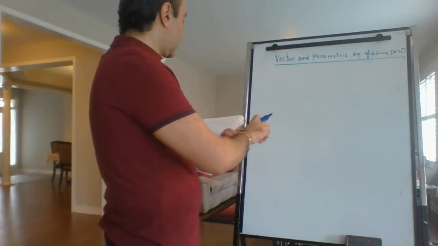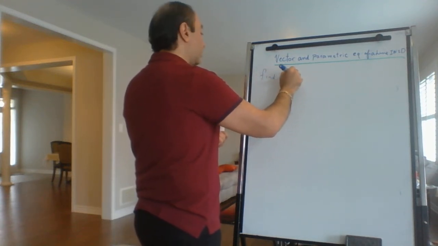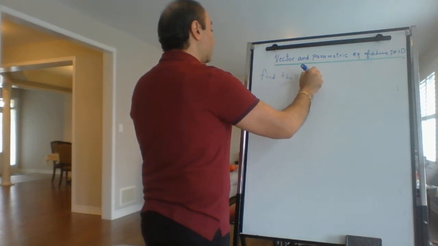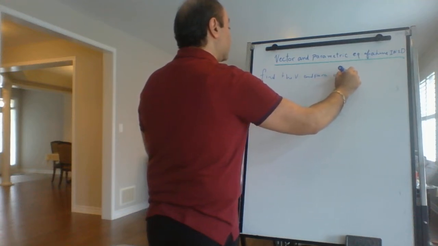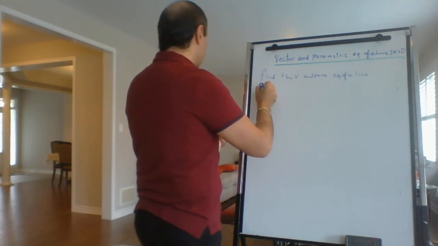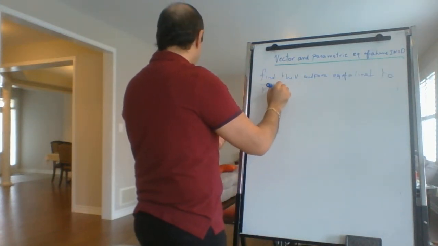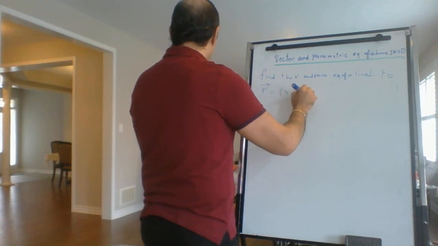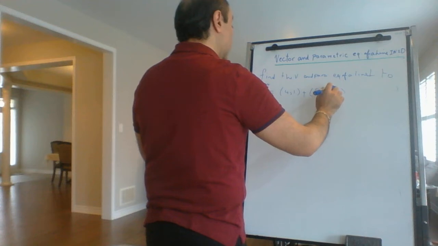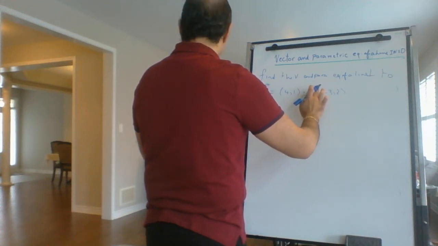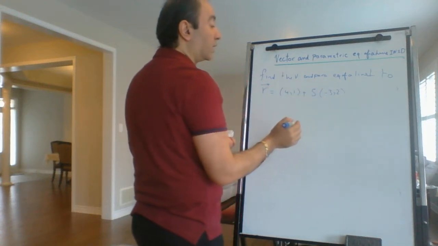Alright, so the next question says: find the vector and parametric equation of a line that is perpendicular to this line, r equals (4, 1) plus s(-3, 2), and passes through (5, 6). Oh, sorry, the parameter here I call s instead of t.